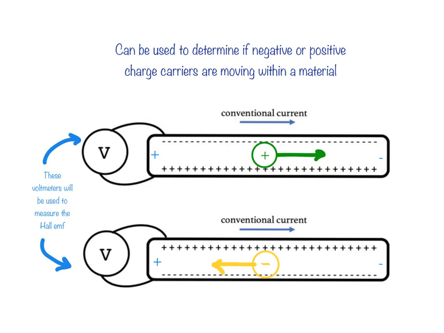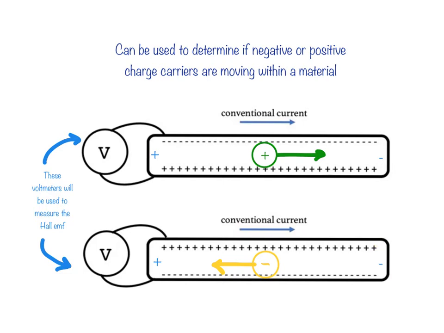So I take my left hand, I still have the magnetic field pointing out of the page, and I have my electron moving to the left, and my thumb still points down. So you see down here, that is the result. All these little negative charge carriers have been pushed down here to the bottom, leaving this top region more positive.